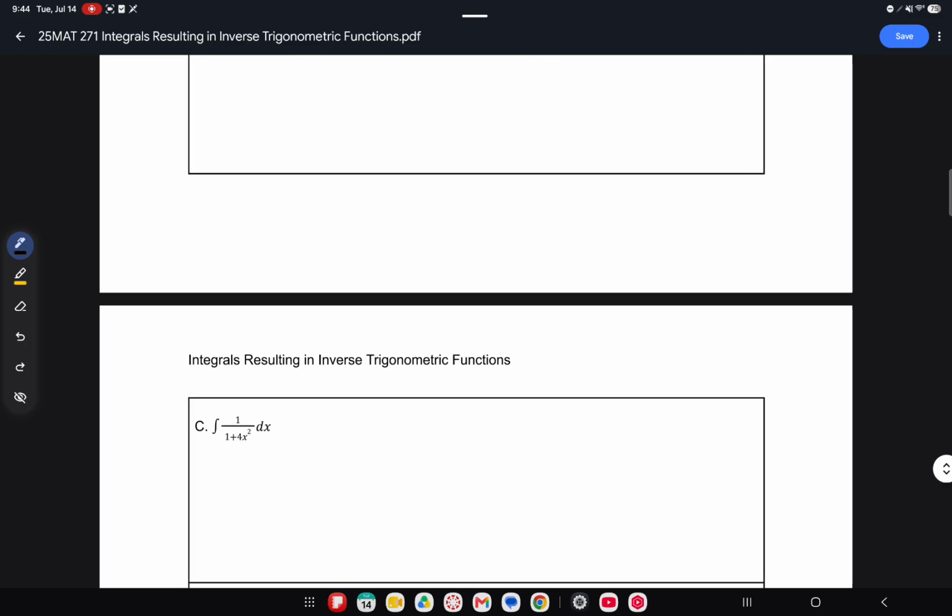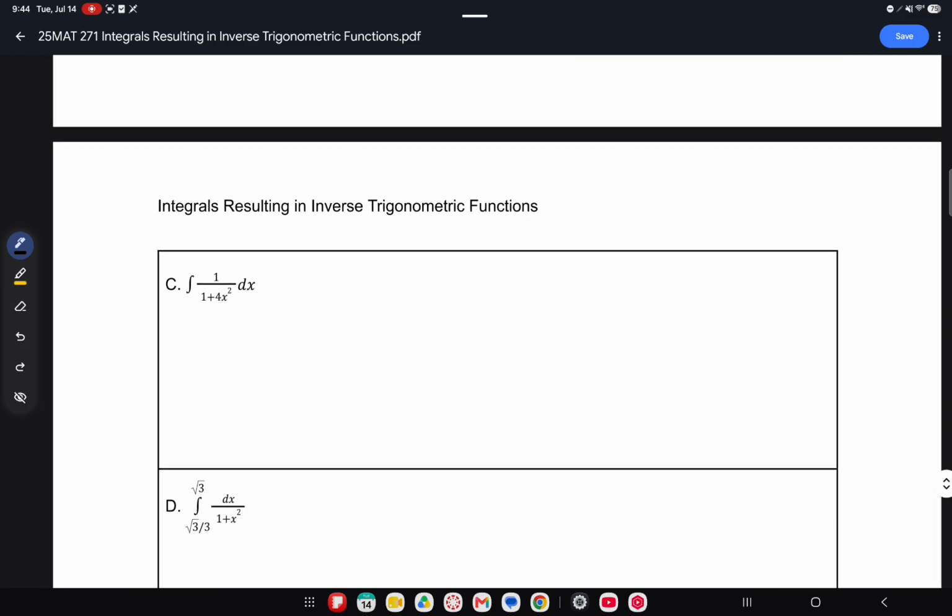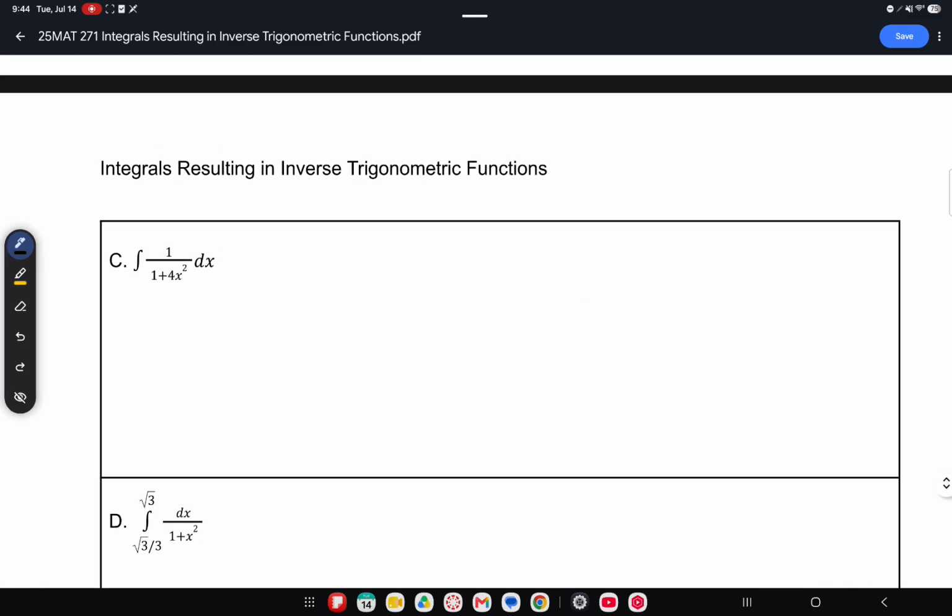Here's some more. That looks like an inverse tangent here. U being the square root of 4x squared, which is going to be 2x. So du is 2 dx, which means I need to divide both sides by 2. And then a is just 1.